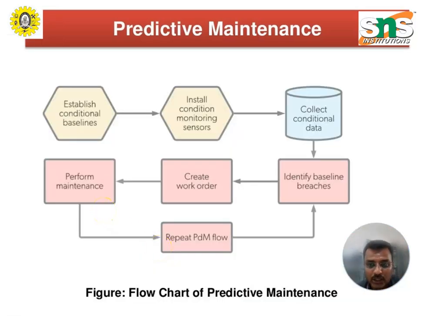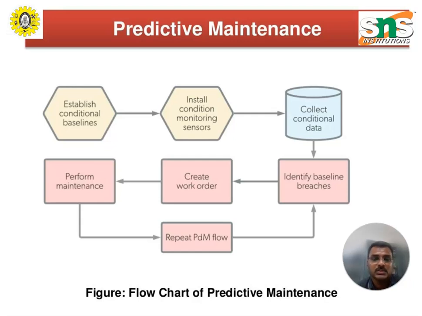Predictive maintenance flowchart: first, establish the condition baselines. Whatever machines we have installed in the industry, we should know the baseline of those particular machines, their requirements, the maintenance to be followed, and the parameters to be conditioned.